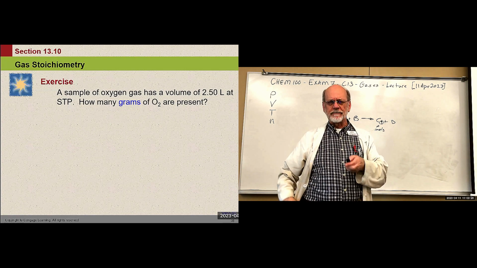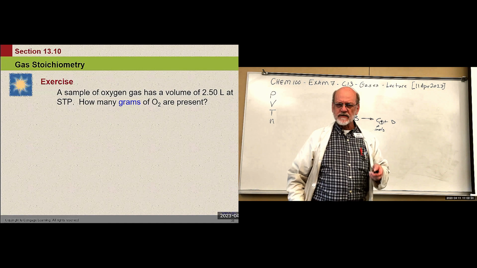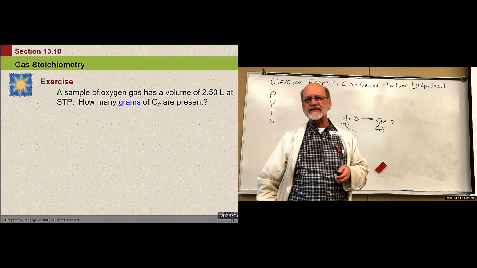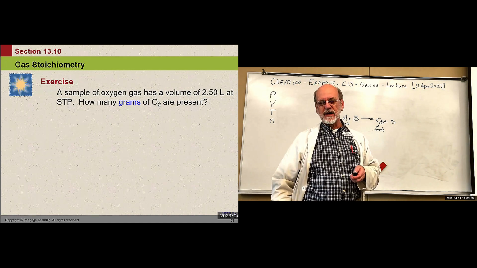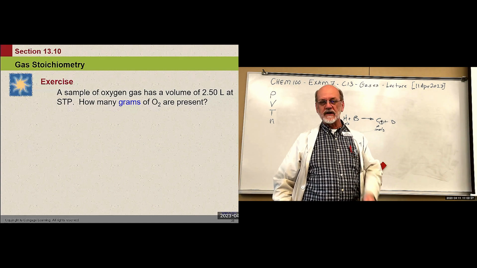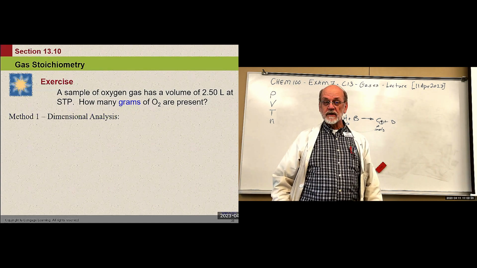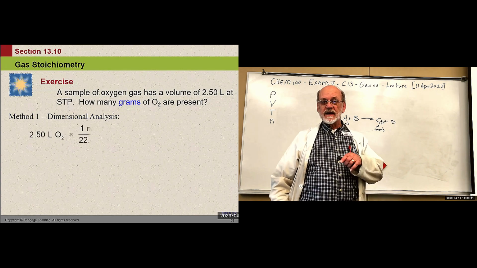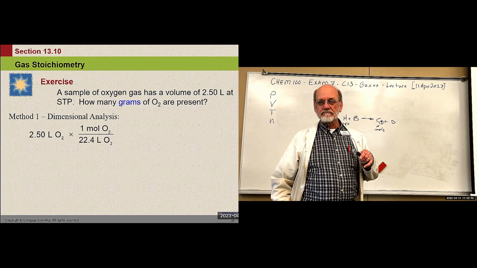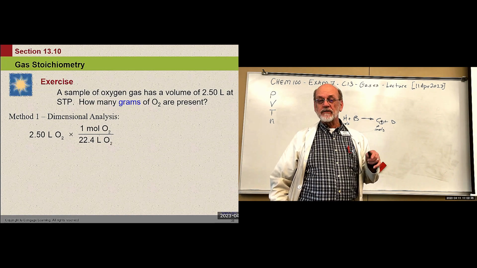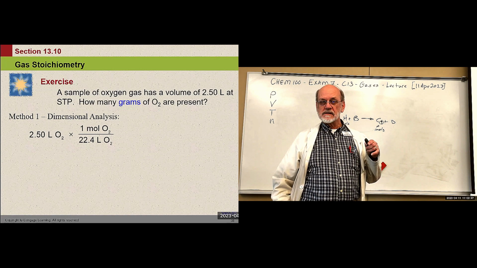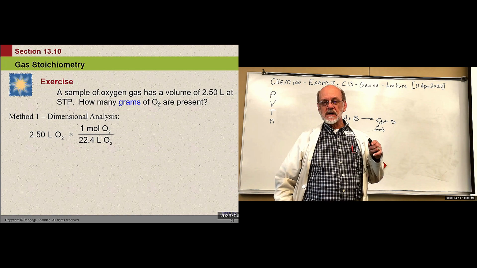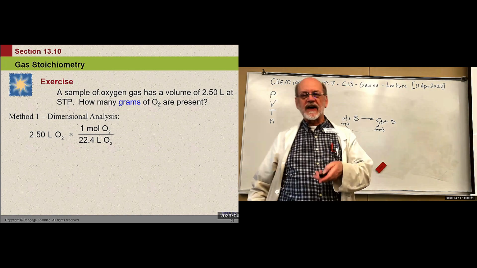Let's look at this example. A sample of oxygen gas has a volume of 2.5 liters at STP, standard temperature and pressure. How many grams of oxygen are present? Well, first thing we need to do is convert. Okay, so we're going to simplify this problem.